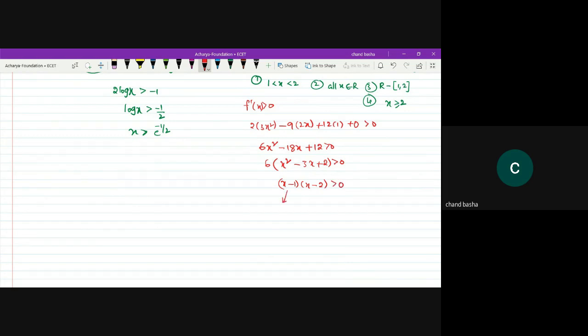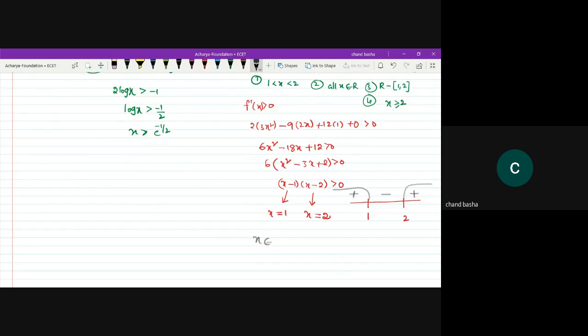As we have done the same concept yesterday, x is equal to 1 and the other factor is x is equal to 2. Let's represent this on a number line in increasing order: 1, 2. Initially, you can take plus, minus, plus. Greater than means the positive side. We require the positive.